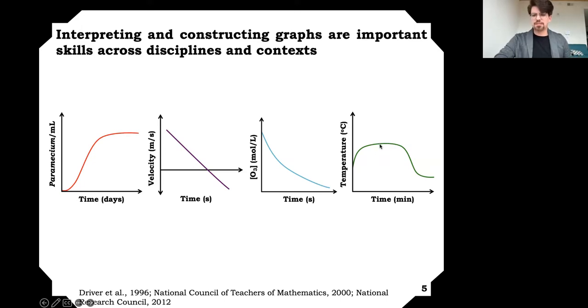So the specific shape has a really big influence on the specific ideas that students are associating to the shape, with less emphasis given to what the actual axes say, really just thinking about the shapes.